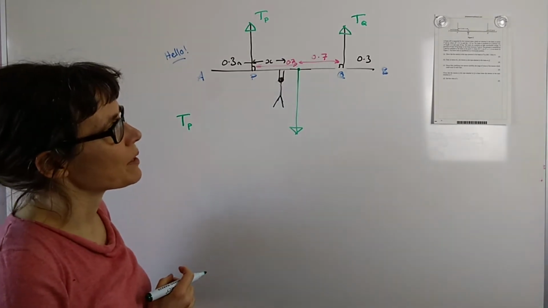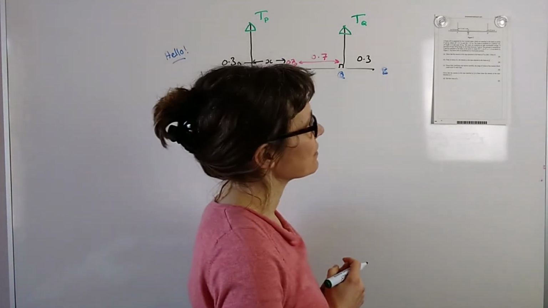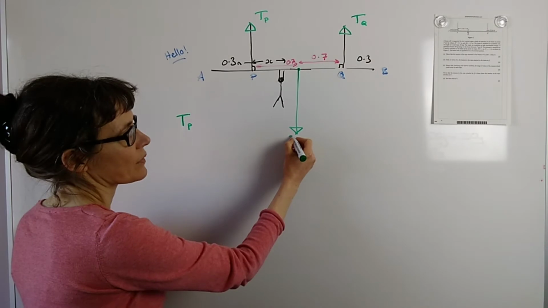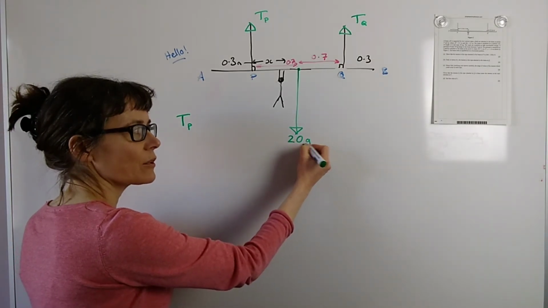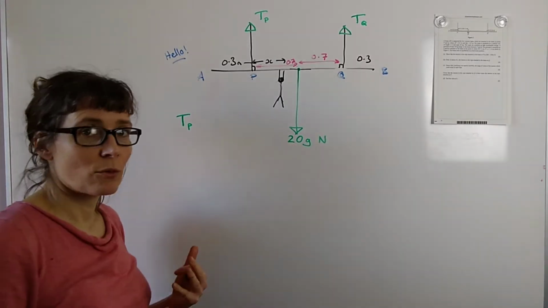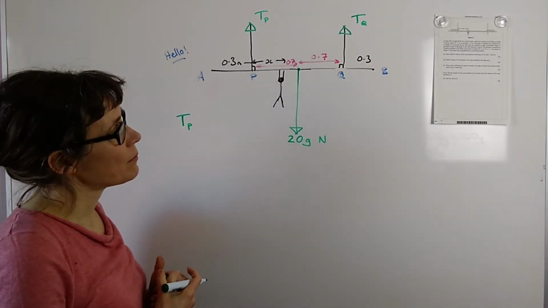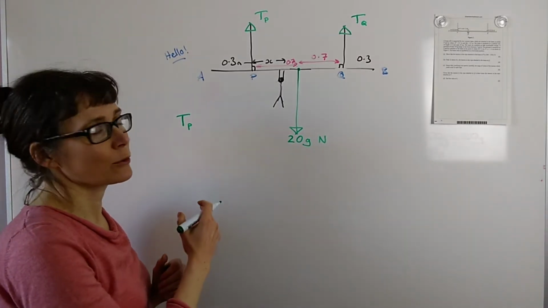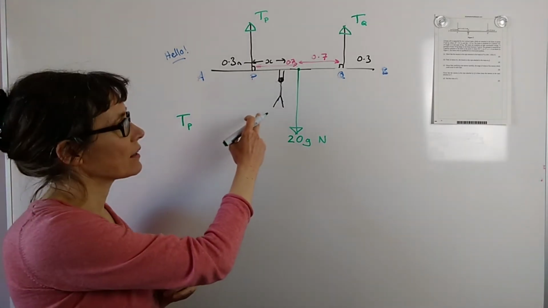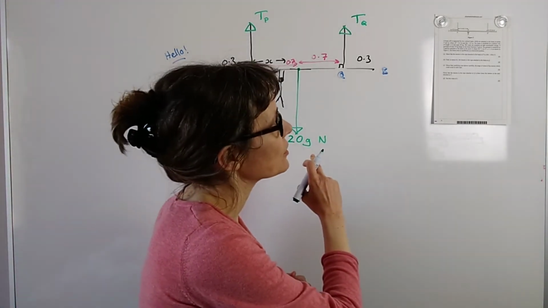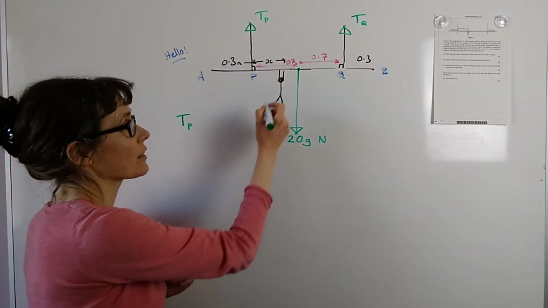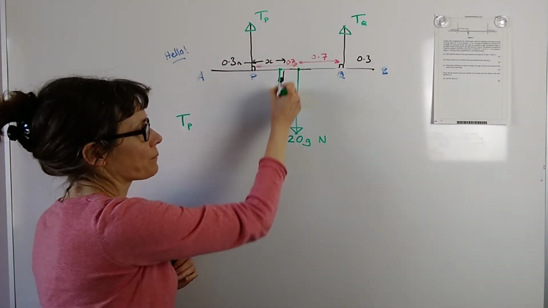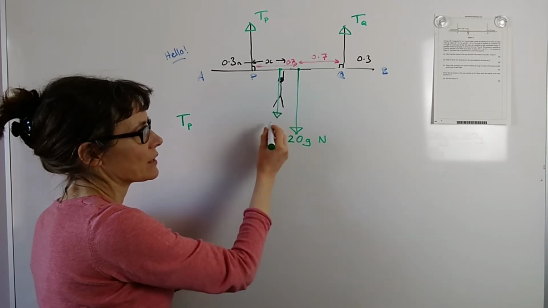The last force we've got is the gymnast that's hanging off, and the force they're exerting is 50g, and they are a distance of x from P. So that's an unknown that's going to hang around.